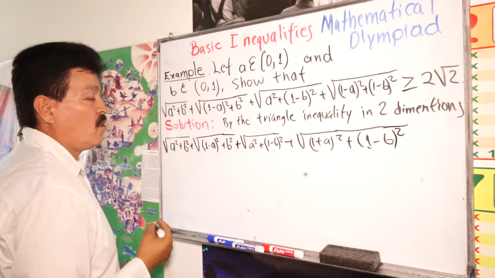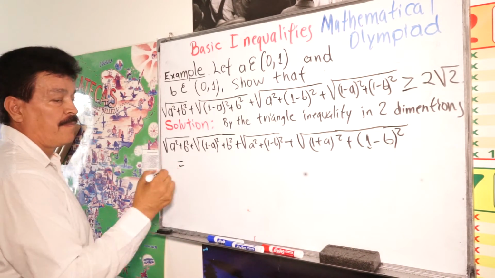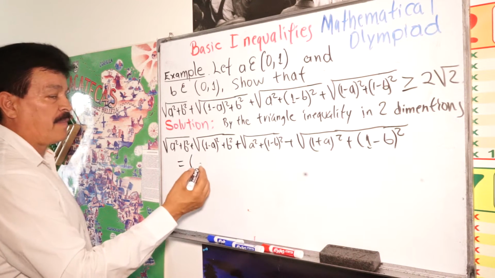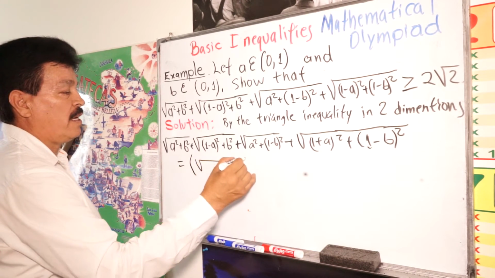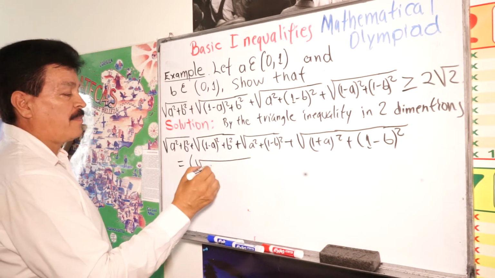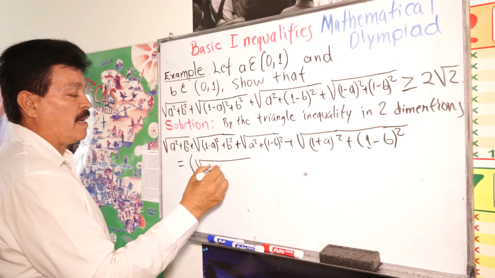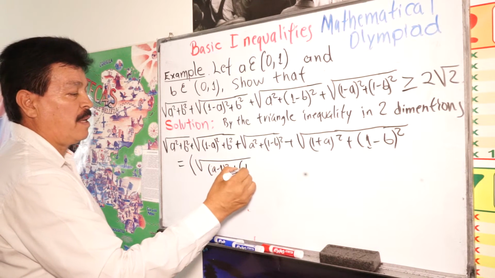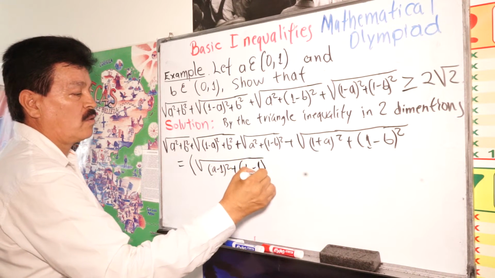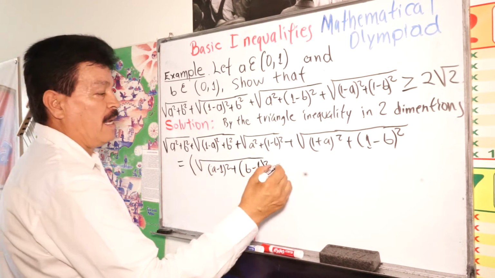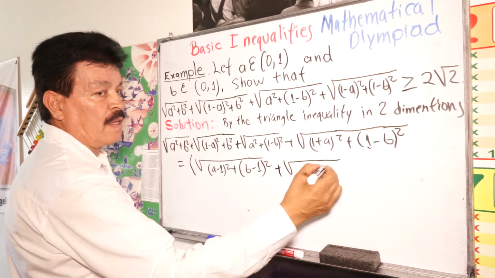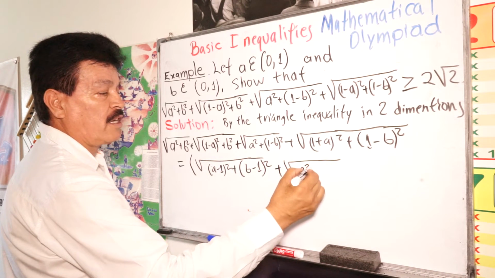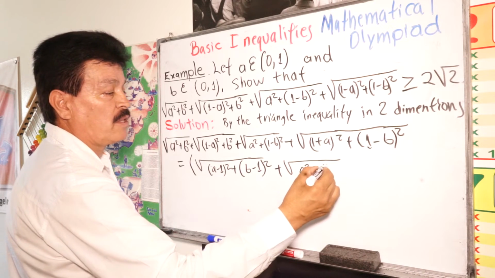All right, so this will be equal to, let's see, the square root of (a - 1)^2 + (b - 1)^2, plus a^2 + b^2.